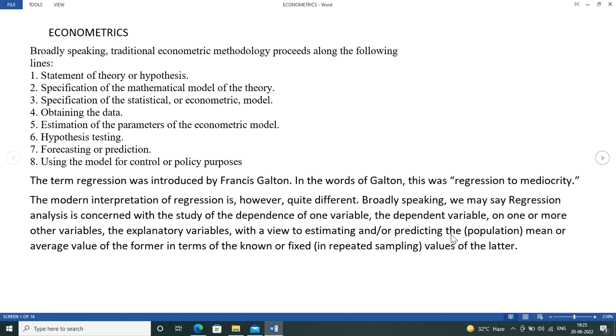This is the example which has been quoted in Gujarati, and that has been derived from various research papers which supported the argument of Francis Galton, which stated that if you observe the height of the offspring of the tallest parents, and if you observe the heights of the offspring of the shortest parents, they will all tend to regress to mediocrity, or to the average.